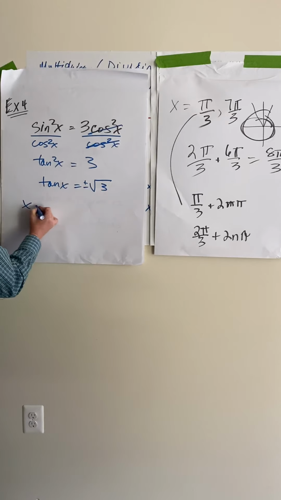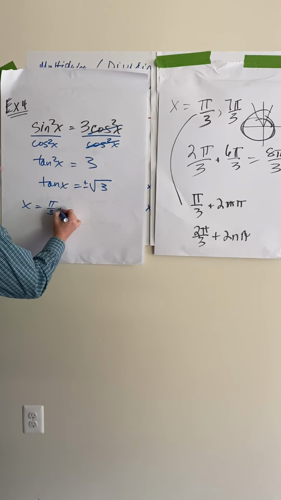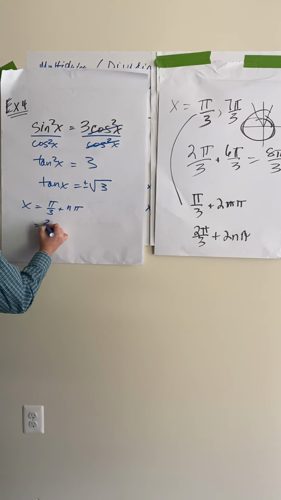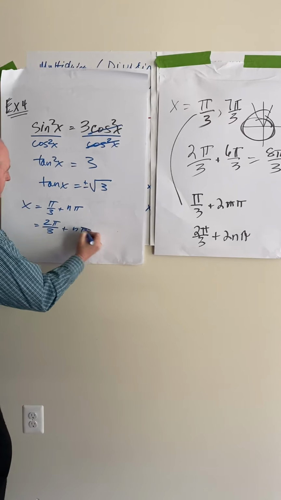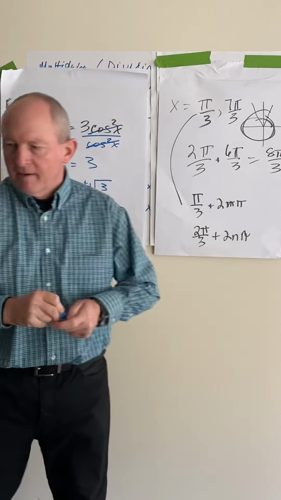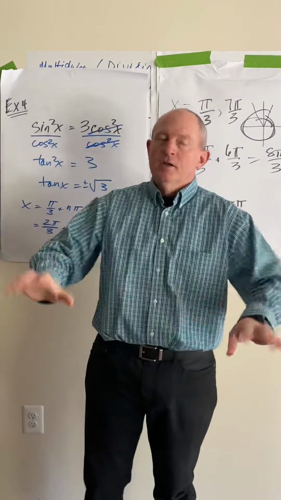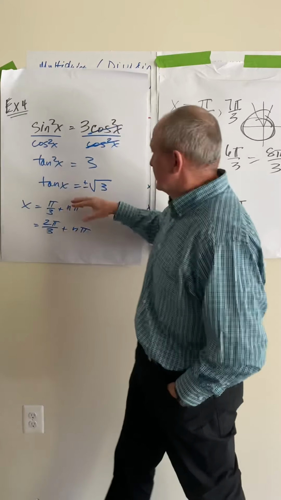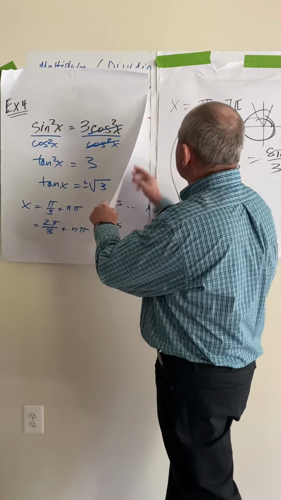So we're going to get x equals pi over 3 plus n pi, or 2 pi over 3 plus n pi. Those are our solutions for that guy. And it's the same exact way of doing it as we did the previous one, where we had this exact step.